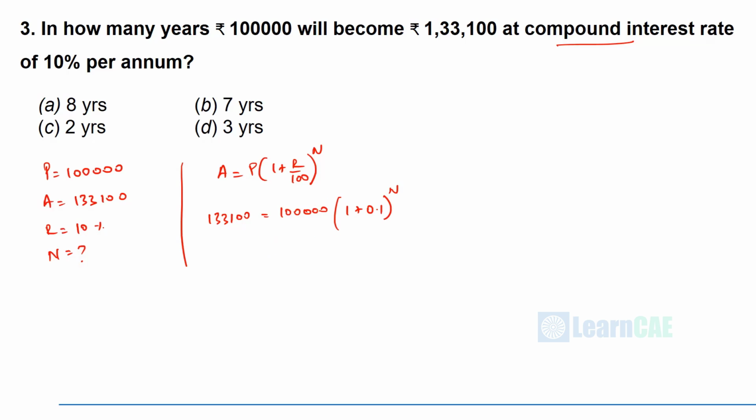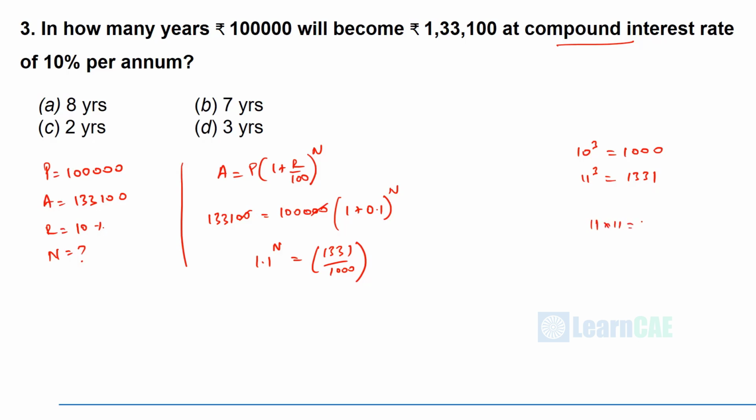Now we shall divide the common zeros. 1.1 power n is equal to 1331 divided by 1000. We know that 10 cube is equal to 1000 and 11 cube is equal to 1331.